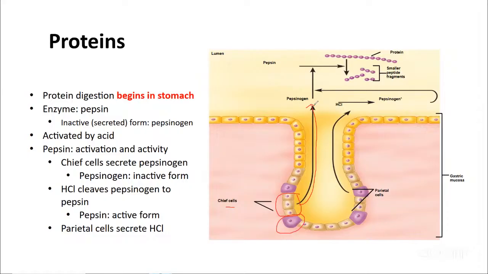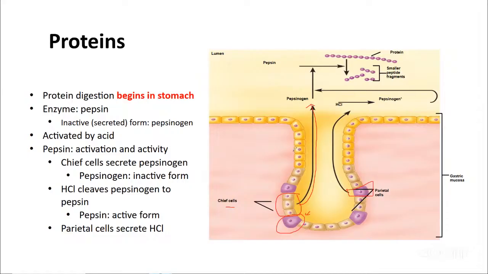Super convenient for us. So a reminder, that acid, that hydrochloric acid, is coming from the parietal cells, so that other type of cell here that we were focusing in on in those gastric pits are secreting hydrochloric acid. So those hydrogen ions are what creates a low pH, creates that high acidity.